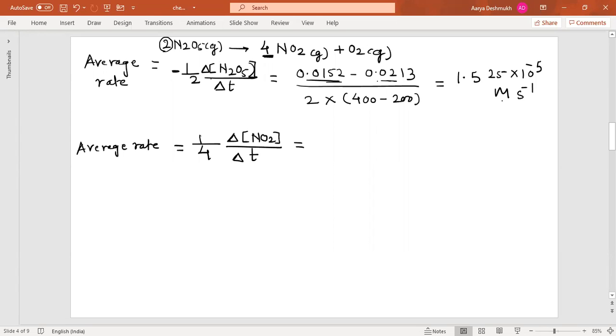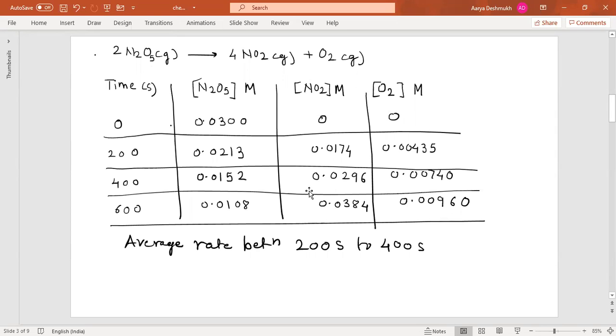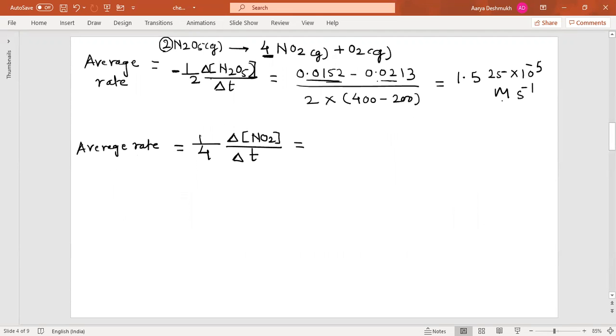So again, you can go to the table. If you go to the earlier slide, the concentration of NO2 after 400 seconds is found to be 0.0296, and at 200 seconds it is 0.0174. So if you subtract this from this and substitute here, you get 0.0296 minus 0.0174 divided by 4.